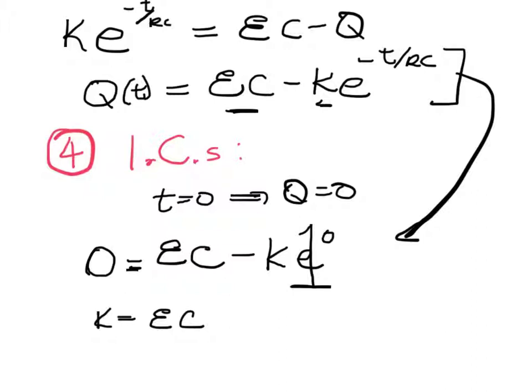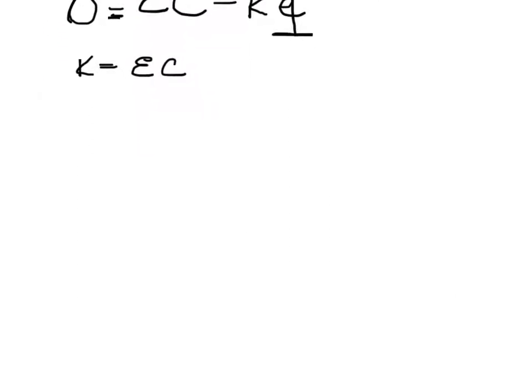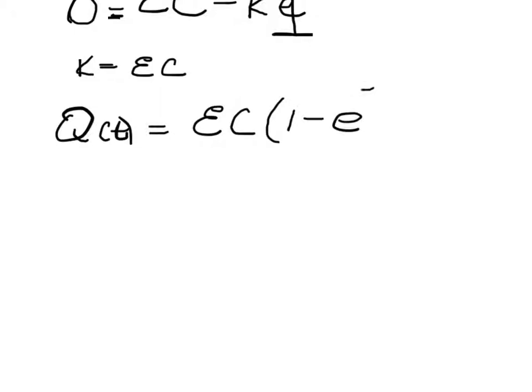So now what we're going to get is the following. I hope you're following this. Q as a function of time is equal to the battery voltage times the capacitance times (1 minus e to the negative t over RC).